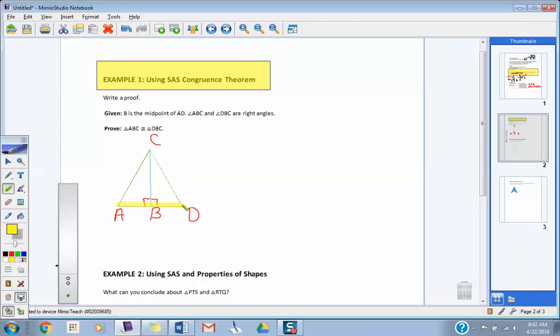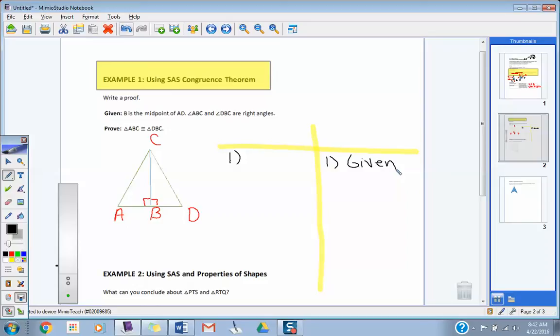So here's how we're going to start. Anytime we try to prove something, we always make this little T-chart. Anytime you start with a proof, you always write down what as your step 1? The stuff that is given, right? What's given to us then?